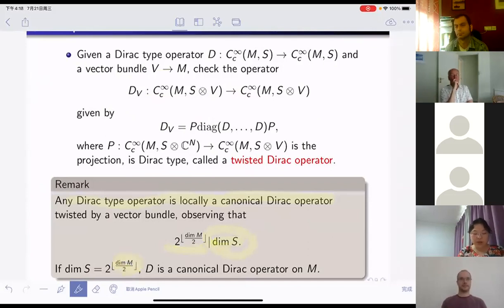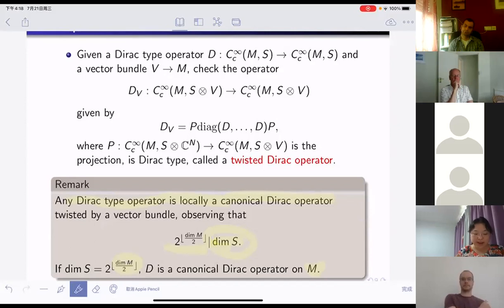So if the dimension of this manifold M is 2k plus 1 or 2k, then dimension M over 2, taking the floor function, is just k. So 2 to the k always divides the dimension of this S. That is an observation.